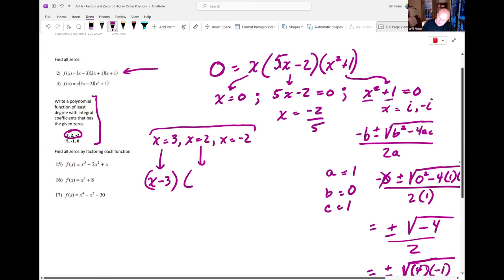So we know that it must have a factor of x minus 3. This one means we must have a factor of x minus 2. And this one means we must have a factor of, this is x plus 2.